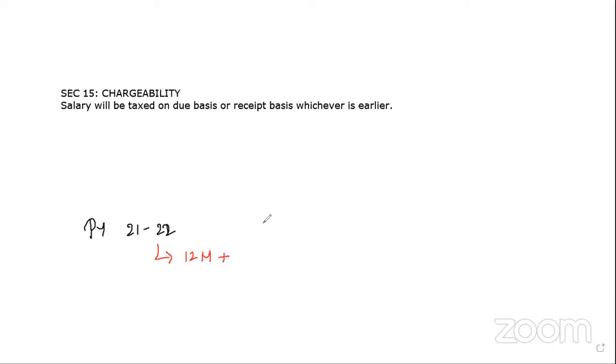April month's salary, that is April 2022 salary, I've received in advance. I received it in the March month itself. So in the PY 21-22, how many months will we be having? We'll be having 13 months salary. We are going to offer 13 months of salary for the purpose of taxation.